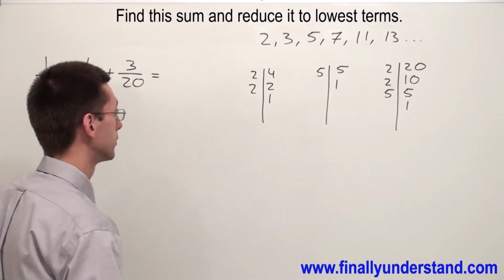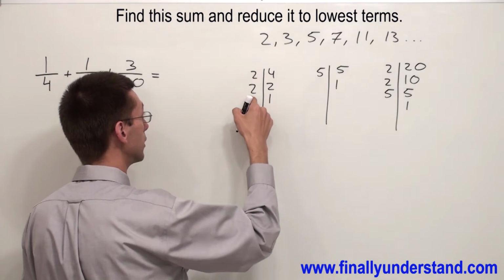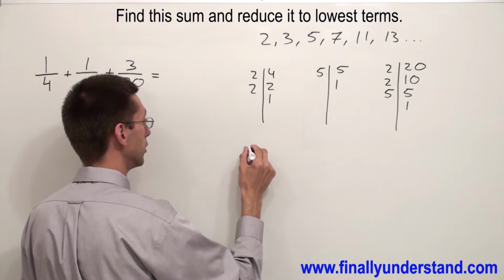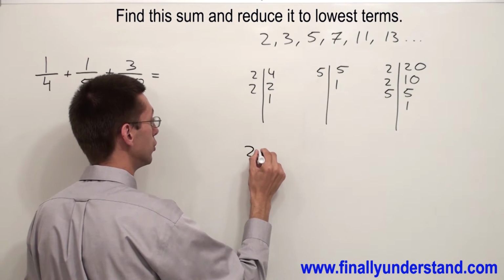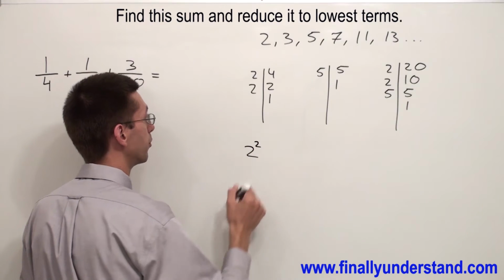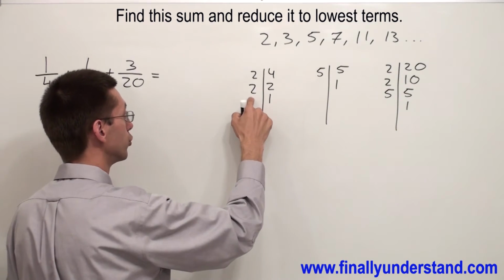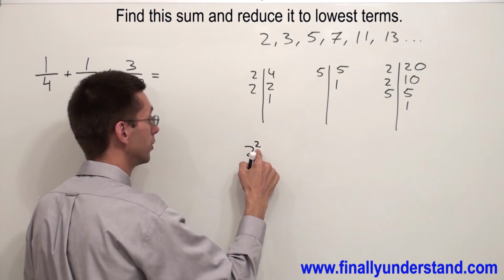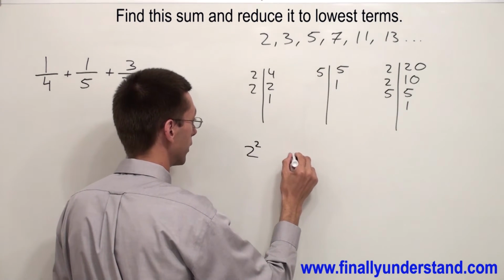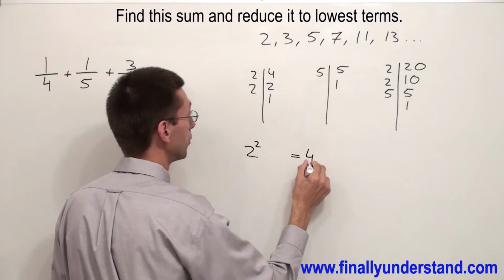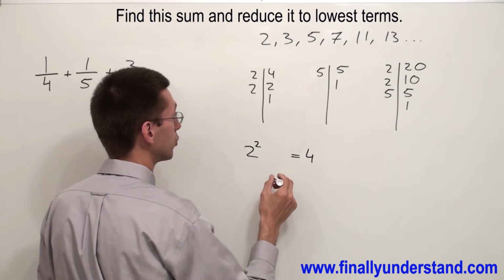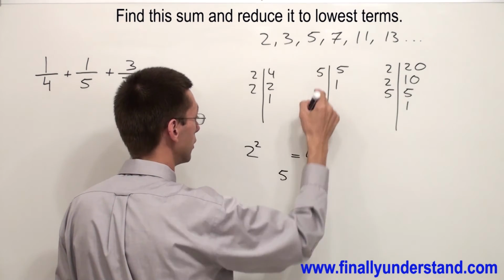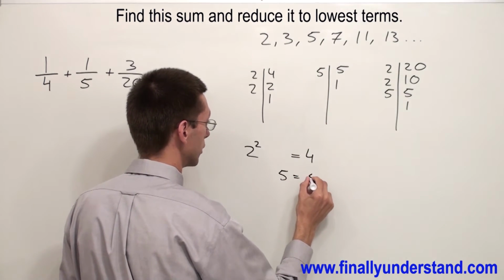You can rewrite this multiplication in the exponential form. I have 2 to the second power, because I have 2 times 2. Instead of writing 2 times 2, I simply write 2 to the second power, which is equal to 4. And I have also 5 equals 5.